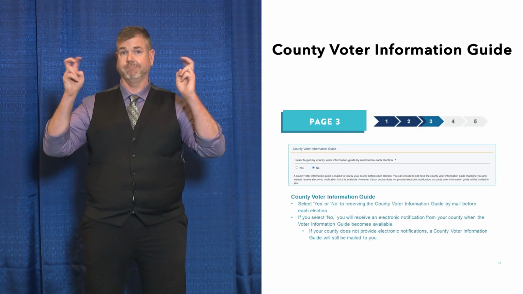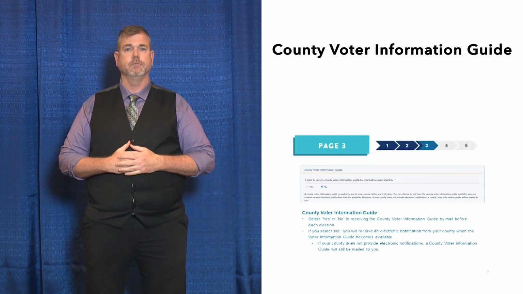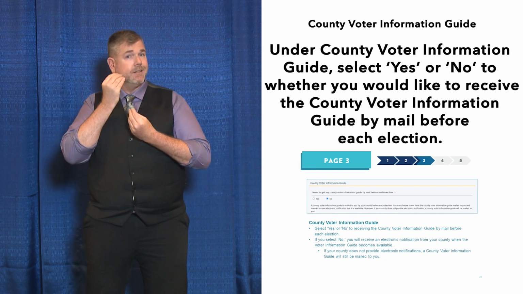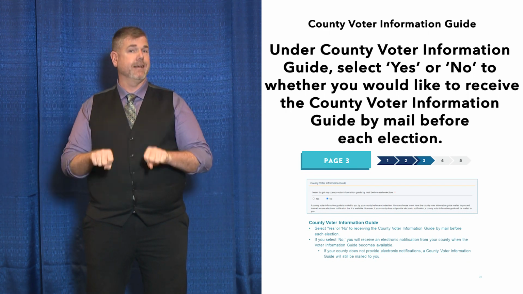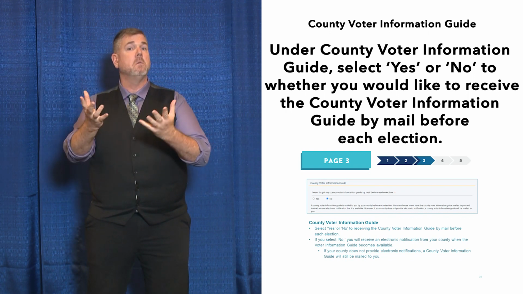County Voter Information Guide. Under County Voter Information Guide, select Yes or No to whether you would like to receive the County Voter Information Guide by mail before each election.